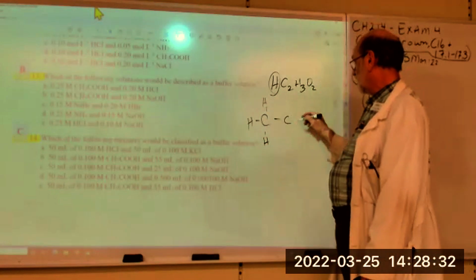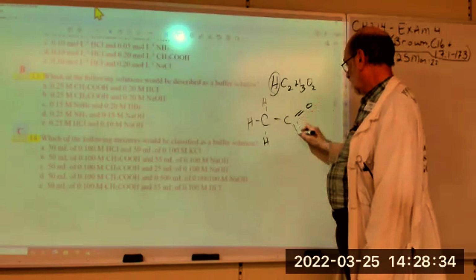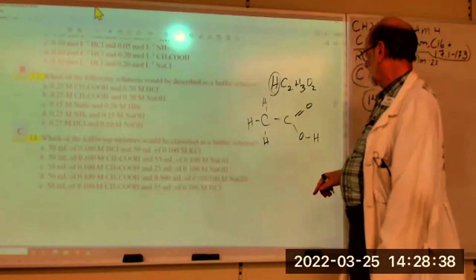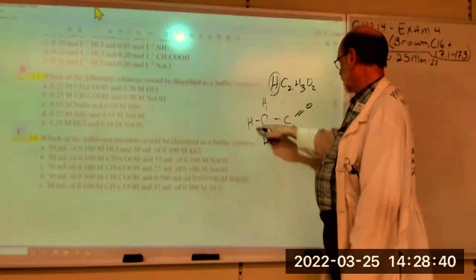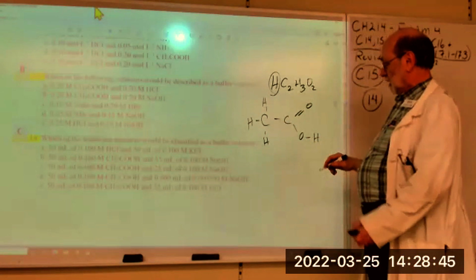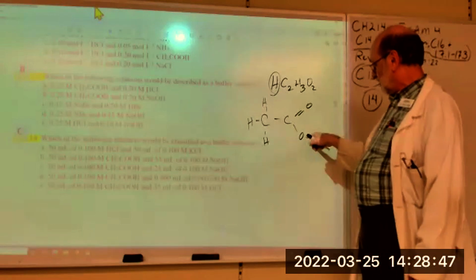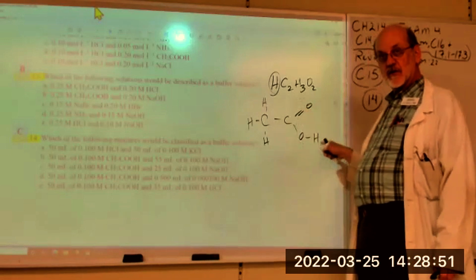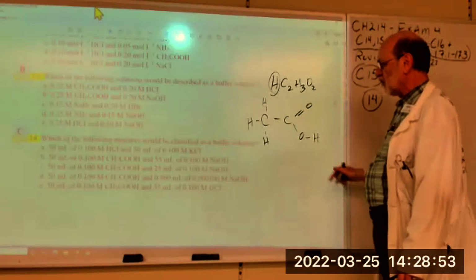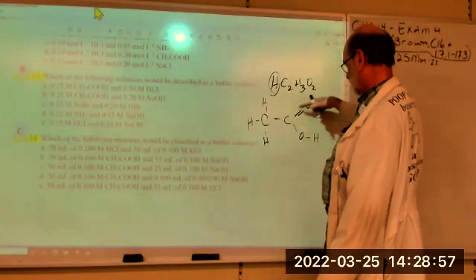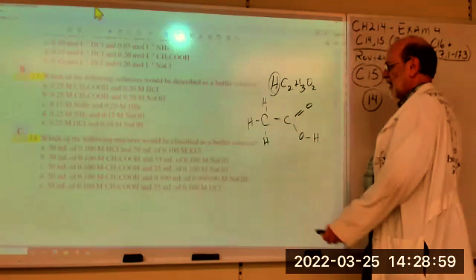And then on this carbon, you've got that carboxylic acid group. So that's 2 carbons, 2 oxygens. This way, you see that the acidic hydrogen is part of the carboxylic acid group. And we write it like CH3COOH. That's why it's written that way.